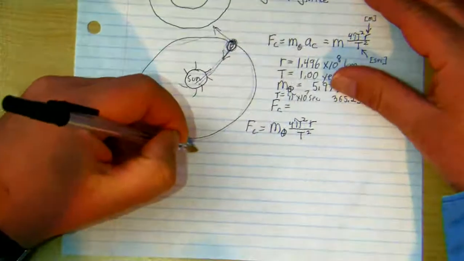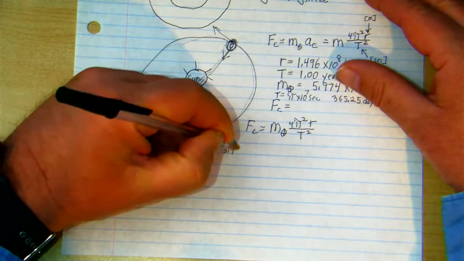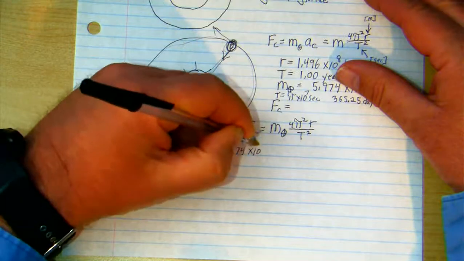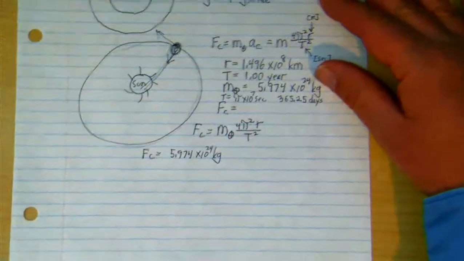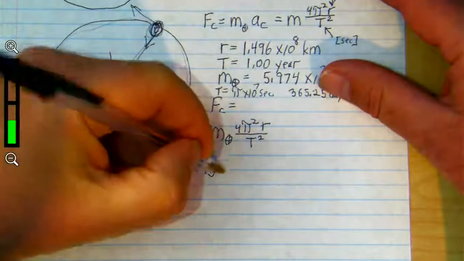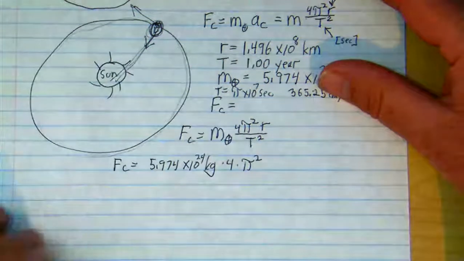So the numbers I'm actually plugging in is 5.974 times 10 to the 24th power kilograms for the mass of the Earth times 4 times pi squared.